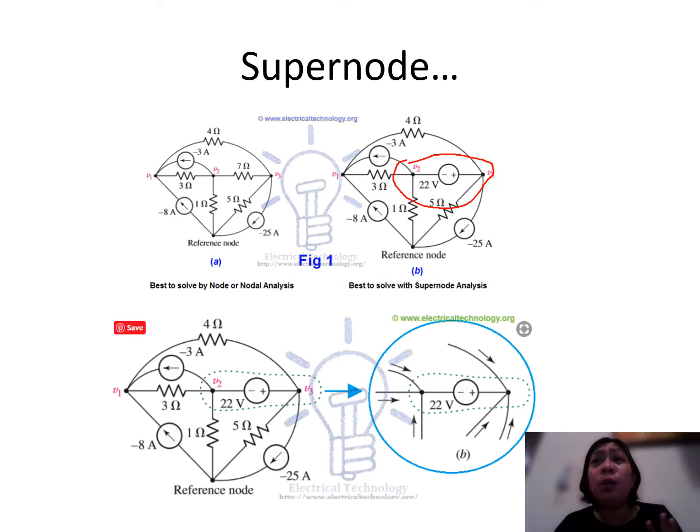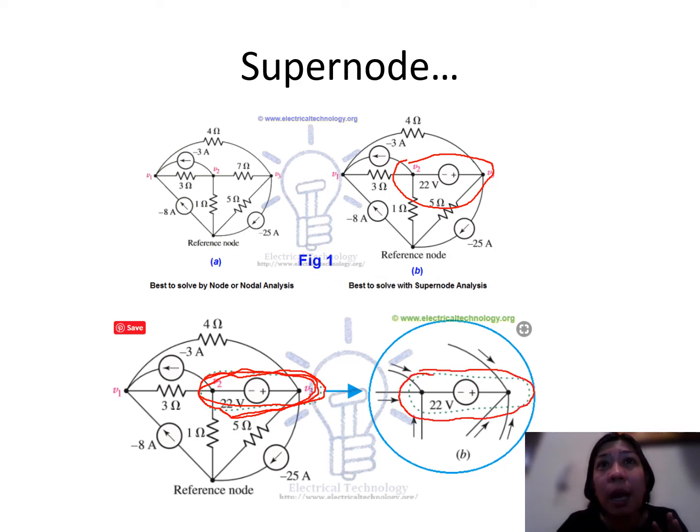Look at this region enclosed by dotted lines. We're going to treat this as one node, this entire portion here is a certain node. So the total current leaving node 2 is 0, and the total current leaving node 3 is equivalent to 0.